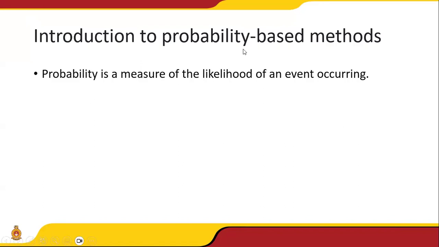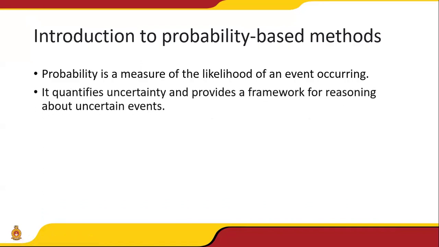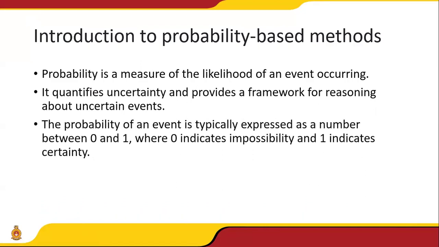We'll see how these algorithms support us. It's basically quantifying uncertainty, reasoning about an uncertain event, because rain is not sure. We can't accurately give 100 out of 100 as a probability. So we are dealing with uncertainty.